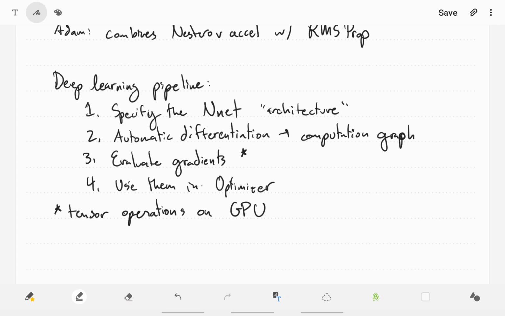And so that's another thing that really enabled deep learning to work with reasonable compute time. So all of those things combined make this deep learning pipeline possible.